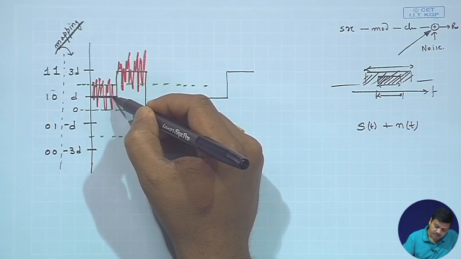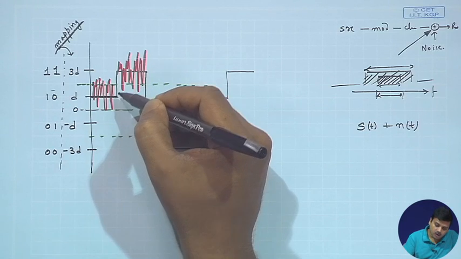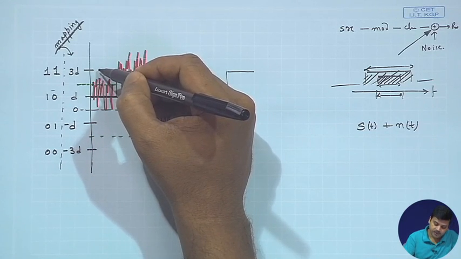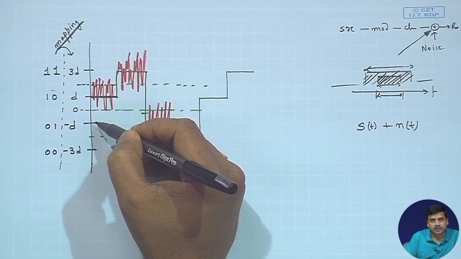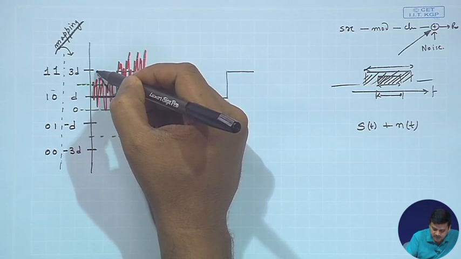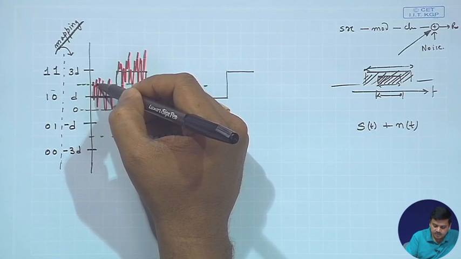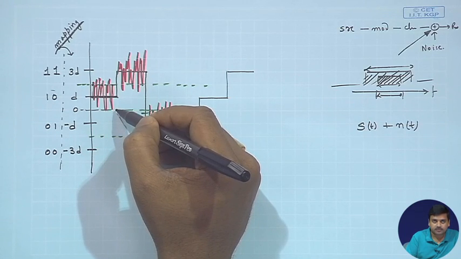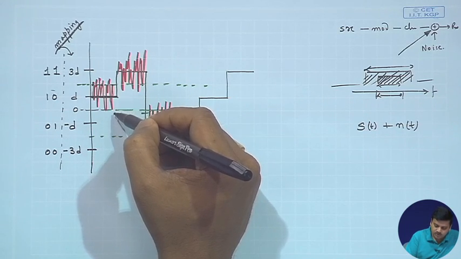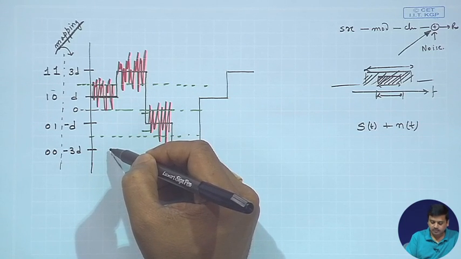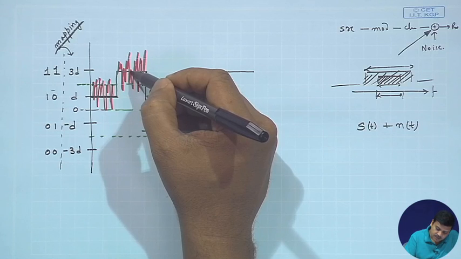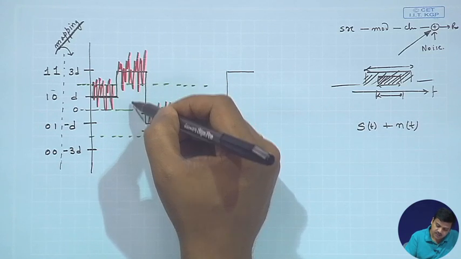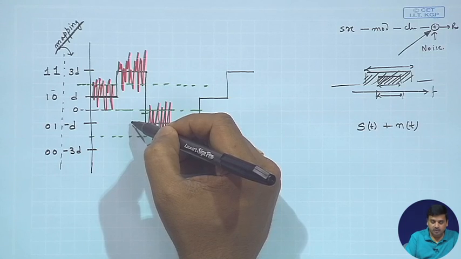You can guess from these pictures that a D can be recognized as a D itself or 3D with certain probability and minus D with a certain probability, right, because detecting 3D instead of D is the probability that it crosses this threshold, and detecting it as minus D is the probability it crosses this threshold, right, and there is a lower probability that it gets detected as minus 3D. Similarly, this one has a more chance of getting detected as D compared to minus 3D, which is even less.